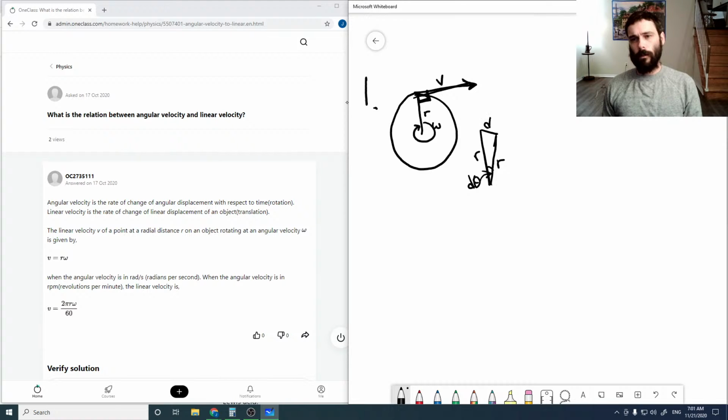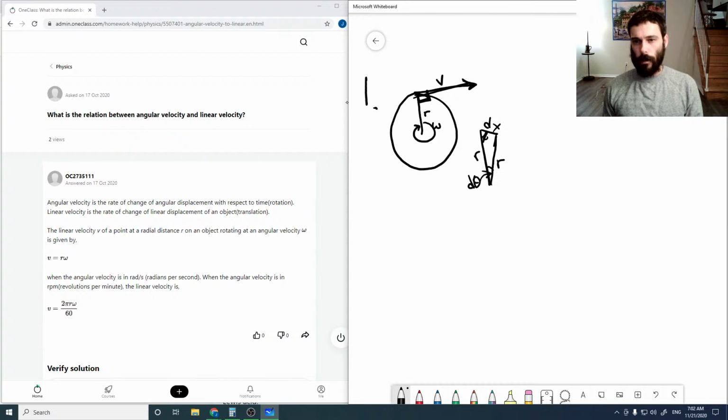And so this is our dx up here. And we can rationalize what that's going to be based on sine laws.